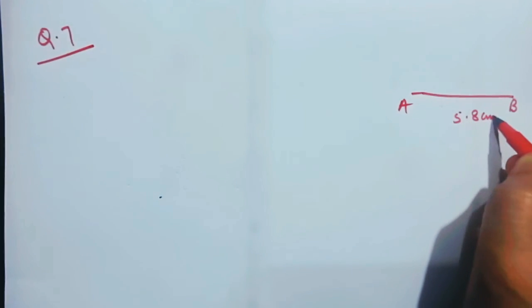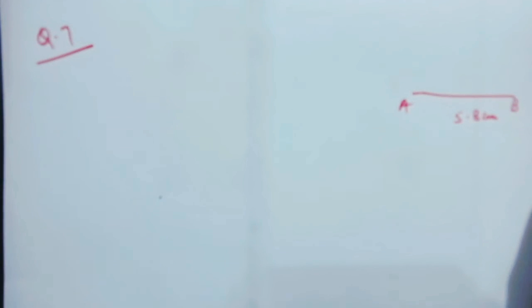In number 7, what we have is, draw a line segment AB equal to 5.8 centimeter. So once again I say that first you need to draw the rough diagram. So this is my rough diagram in which AB is equal to 5.8 centimeter.